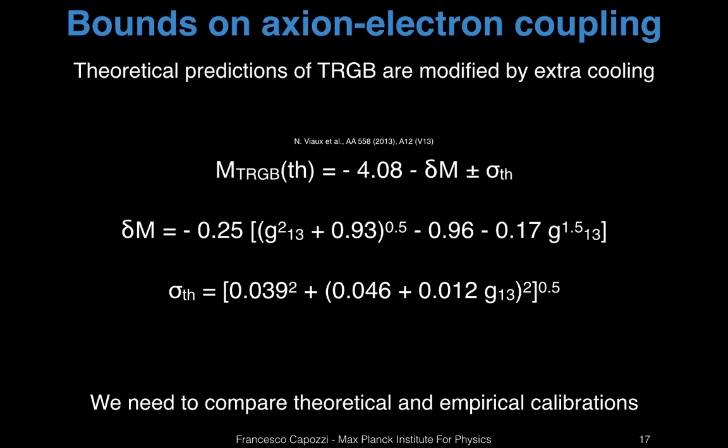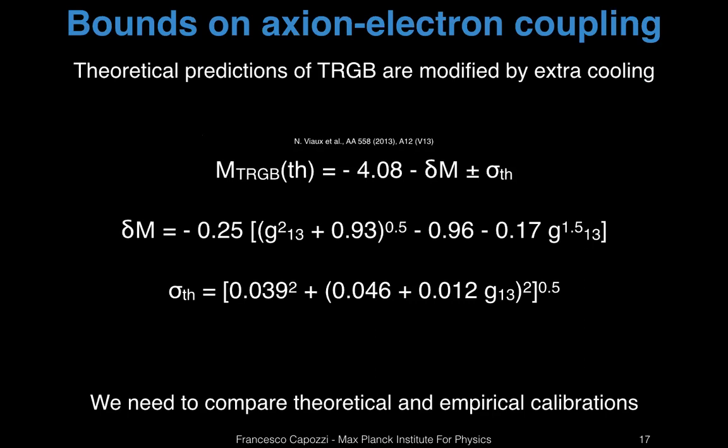Of course, the theoretical predictions are going to be shifted when you include extra cooling, and Vio et al. have provided the calculation of this shift in terms of G13.